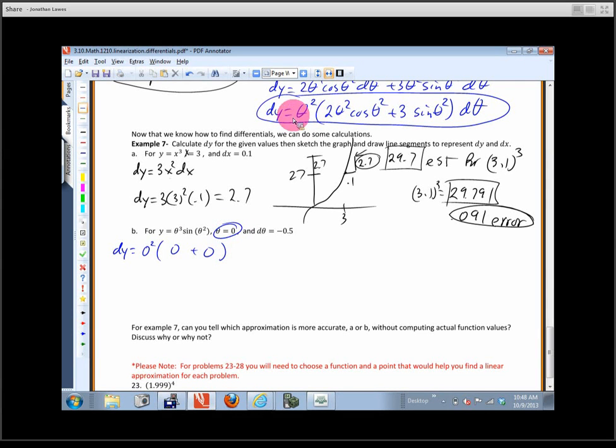Right here, I'm just plugging into this one. I plugged in a 0 here. And then this is negative 0.5. So what is the estimate for the difference in y? We estimate a difference in y of 0. Okay, now let's see.